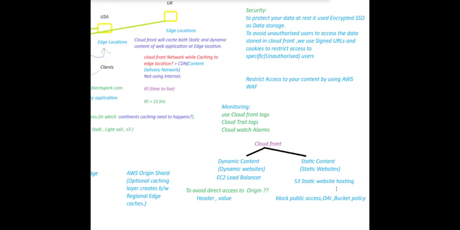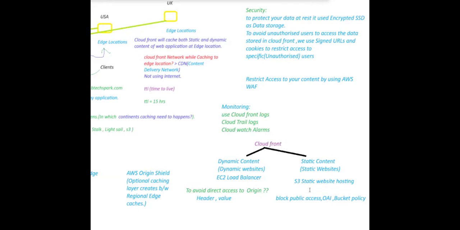So like this, we can avoid direct access to your origin as well. Whenever he directly tries to access your website by direct URL, your website shows a 404 error, page not found.